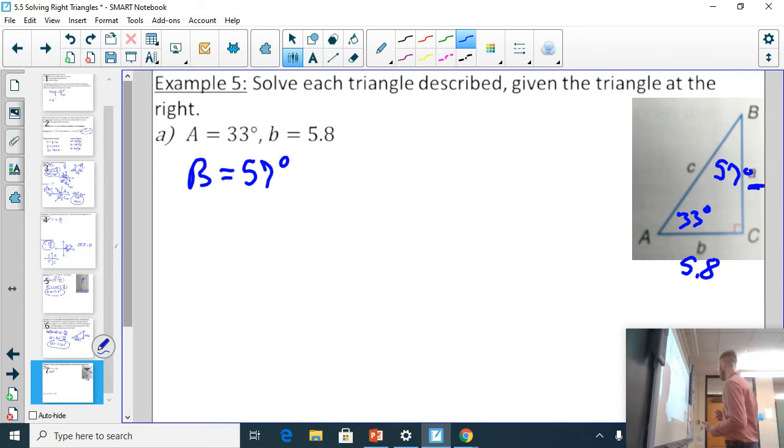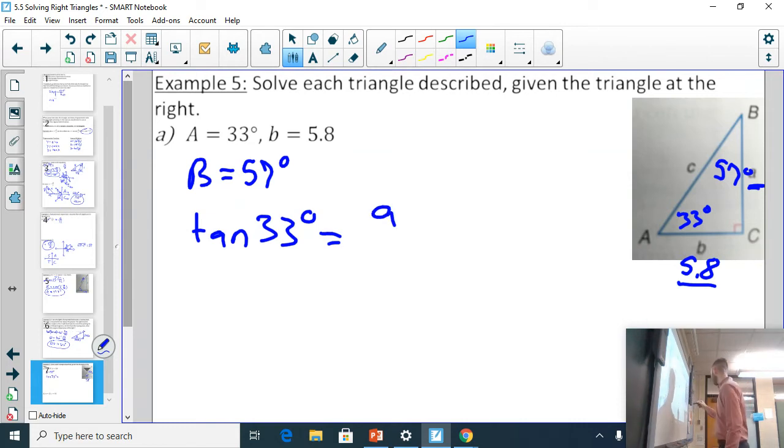And I'm just going to use something that involves A. And we need to involve B because that's the only other side we know. So let's do tangent. And then if we do 33 degrees, then we're going to get opposite, which is A, over adjacent, which is B, which is 5.8.